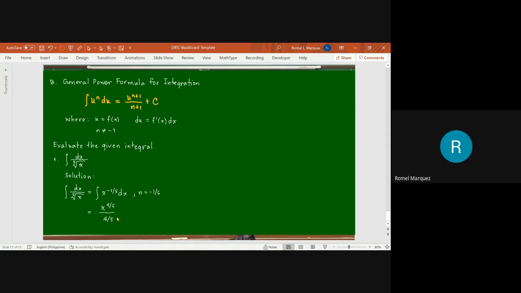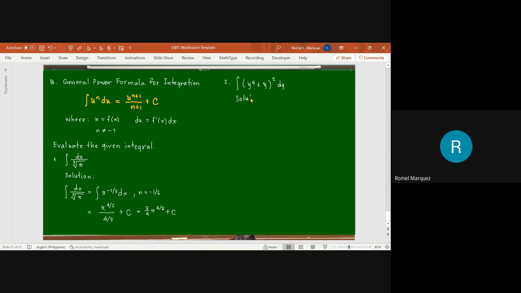Okay, number 2. What if I have the integral of the quantity y to the 4th plus y, squared, dy? Any suggestion, guys, of what to do here? Based on the video that you watched, what is our u here?